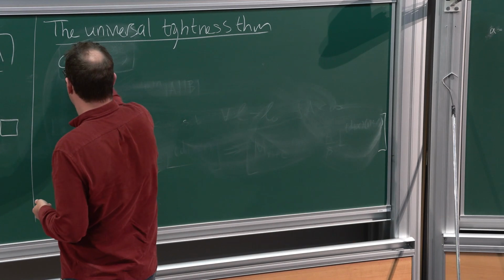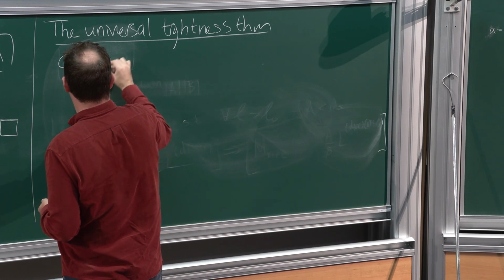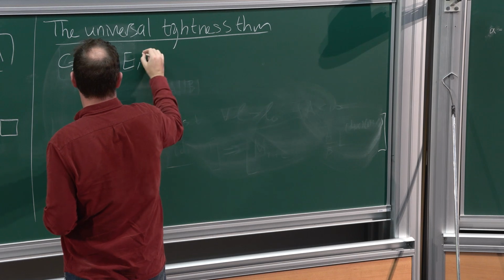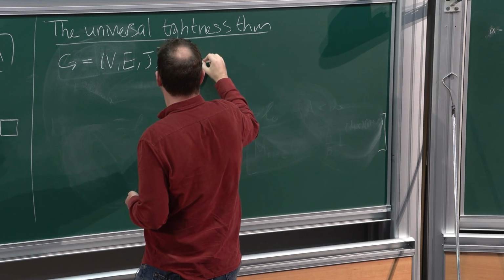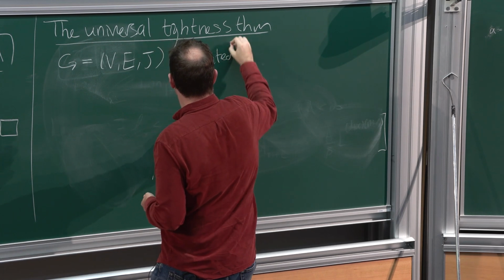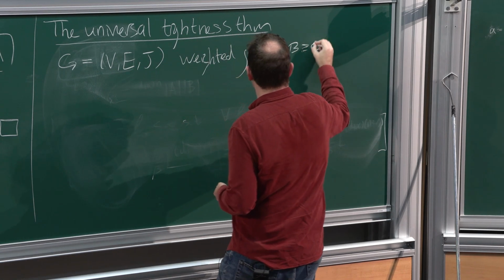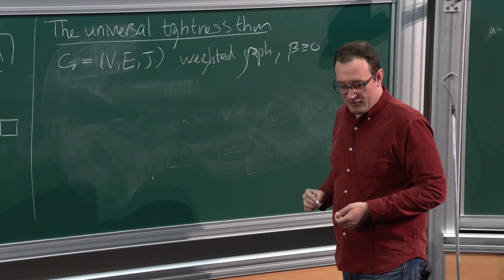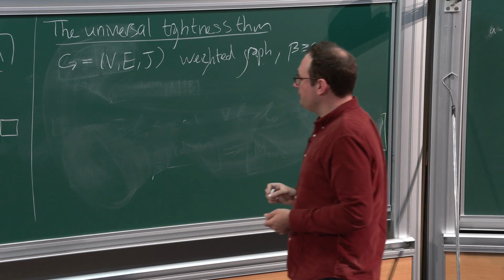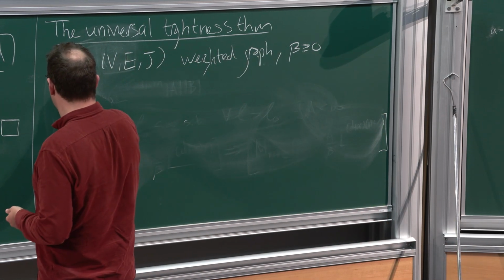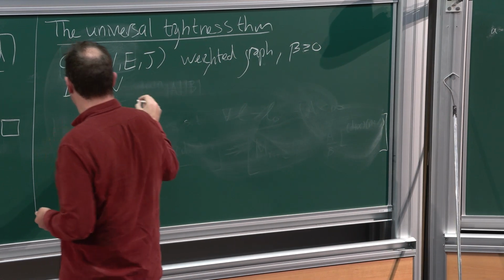So suppose I have any weighted graph and some value beta. And suppose I have some finite set.